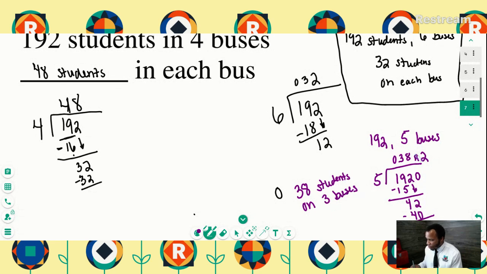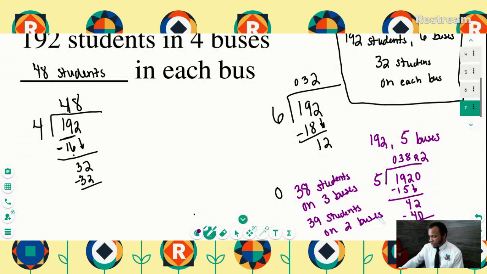But with this remainder of 2, that means we'll have 39 students on 2 buses. And that will be your final answer for that one.